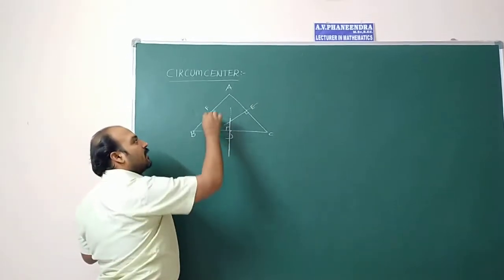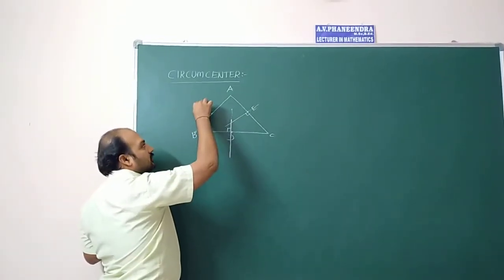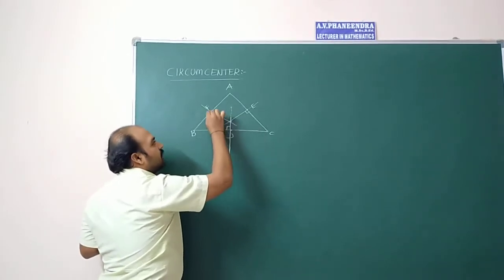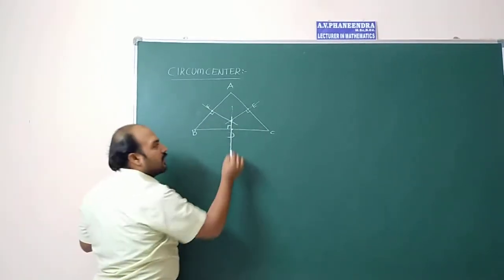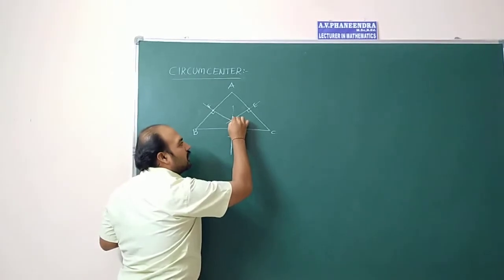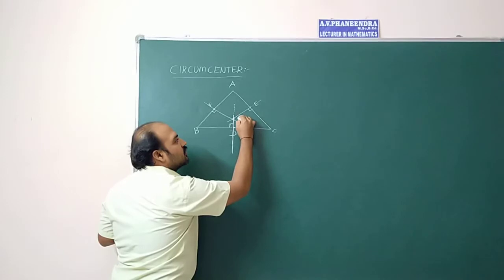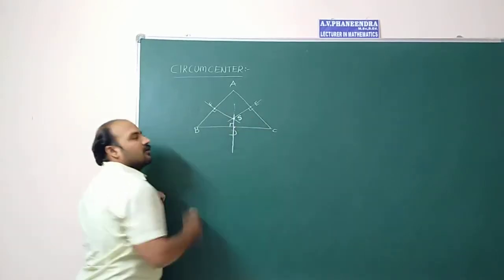Next, perpendicular bisector of AB side. These perpendicular bisectors which are intersecting at one point, that point is called circumcenter, which is denoted by S.